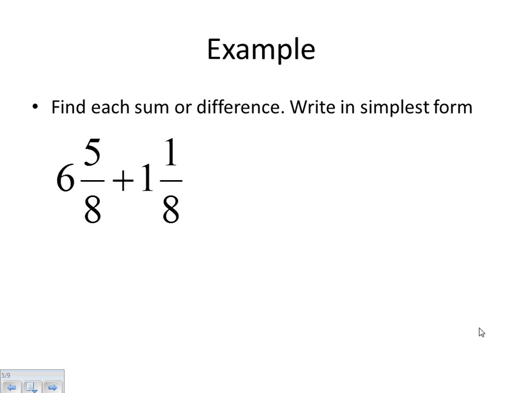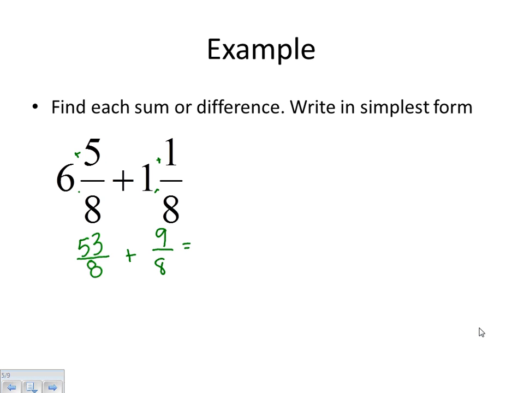So I'm going to change these into improper fractions. I have 6 times 8 plus 5, and then 8 times 1 plus 1. So 6 times 8 is 48, plus 5 is 53 over 8, plus 1 times 8 is 8, plus 1 is 9 over 8.